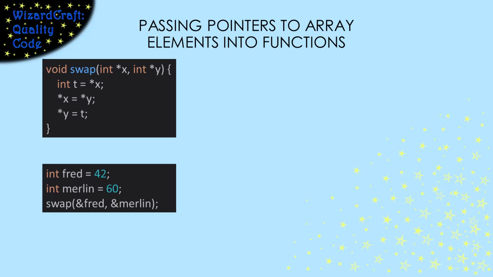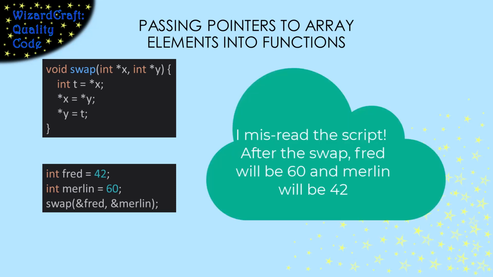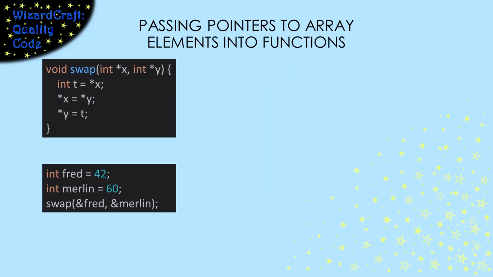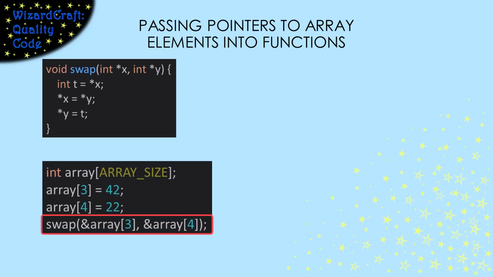That function has no idea how the integers whose pointers are being passed into it are stored. They could be individual variables like this, and the result would be that Fred would be 20 and Merlin would be 42. We could also use this swap to swap values in 2 positions of an array by passing in pointers to individual positions of the array, like this. I've used the address of operator to pass in pointers to 2 positions in my array.